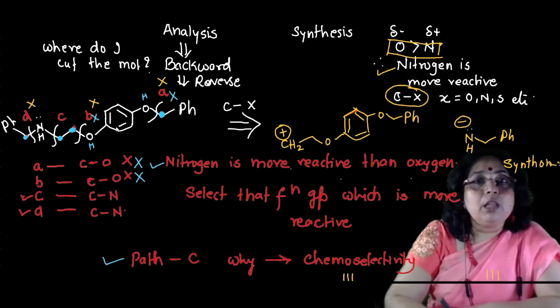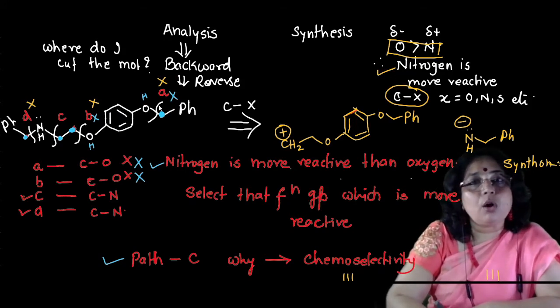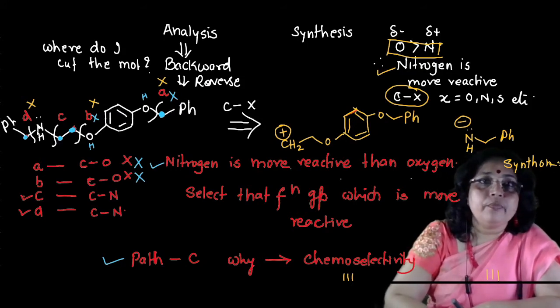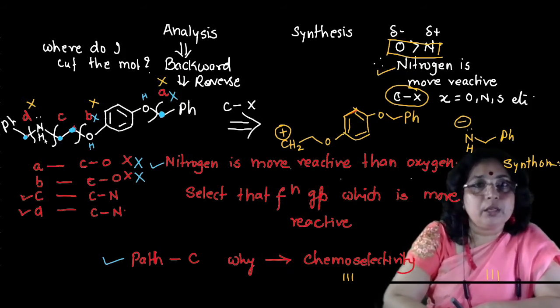All right. Now in this case we know that the nitrogen in NH is more reactive than the oxygen. So whatever alkylation we are showing over here, it will go over here first. All right. So a problem of chemoselectivity always arises in the case of amine groups present in the molecule.